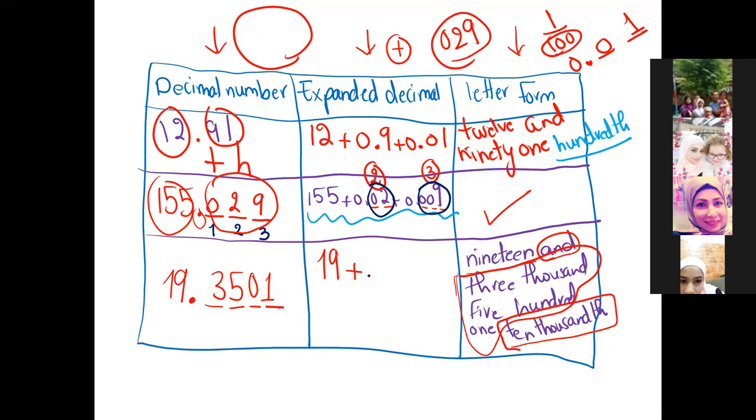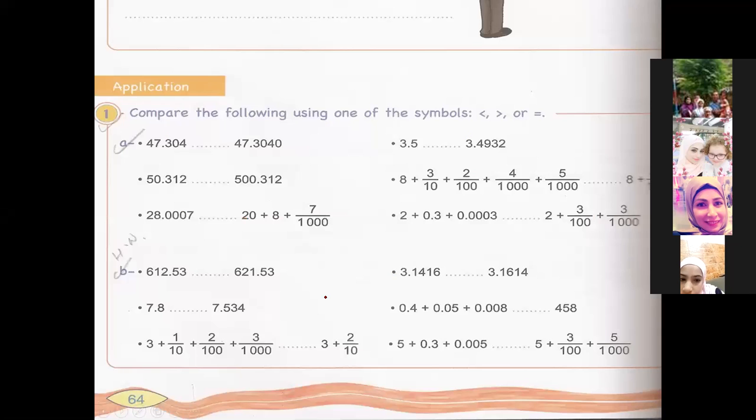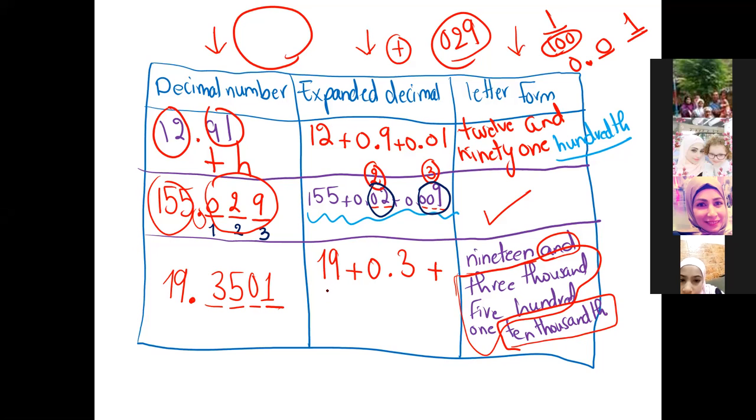Hurry up, Rasha. 0.3. Bravo. Plus 0.05. Excellent.